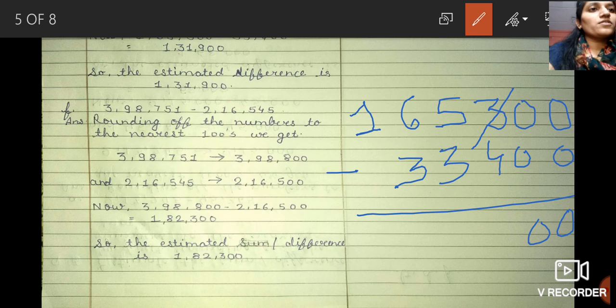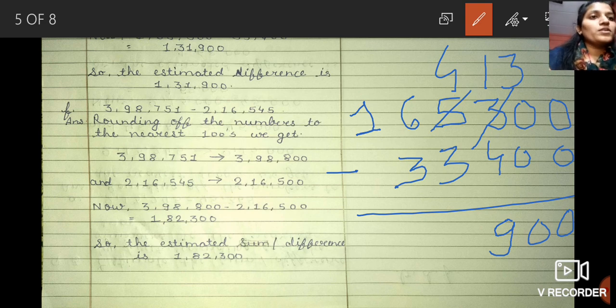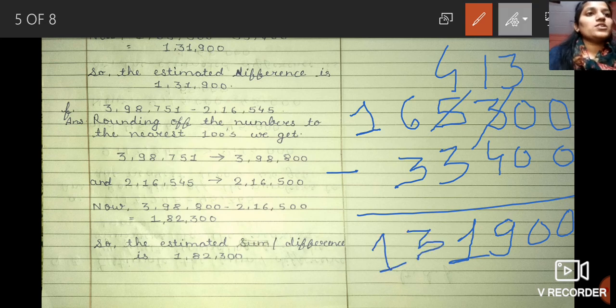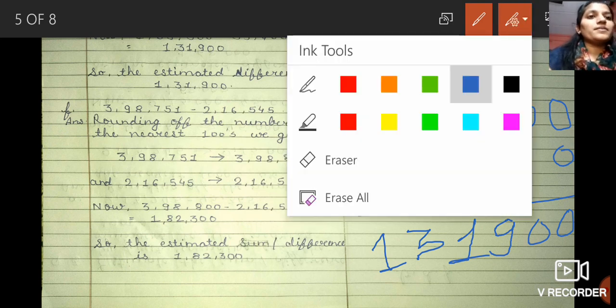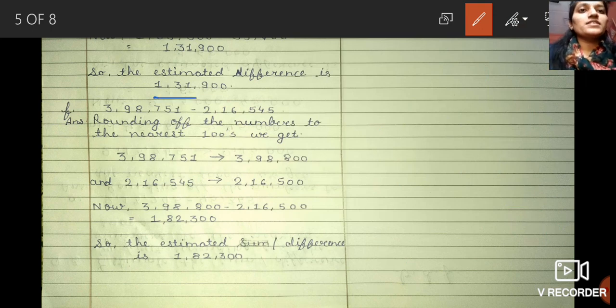No. So instead of 3 we are going to write 13. 13 minus 4, 9. And we have borrowed 1, so instead of 5, 4. 4 minus 3, 1. Okay, 6 minus 3, 3. 1 will be as it is. So our answer, you all can see, 1,31,900. So you can see the answer over here.